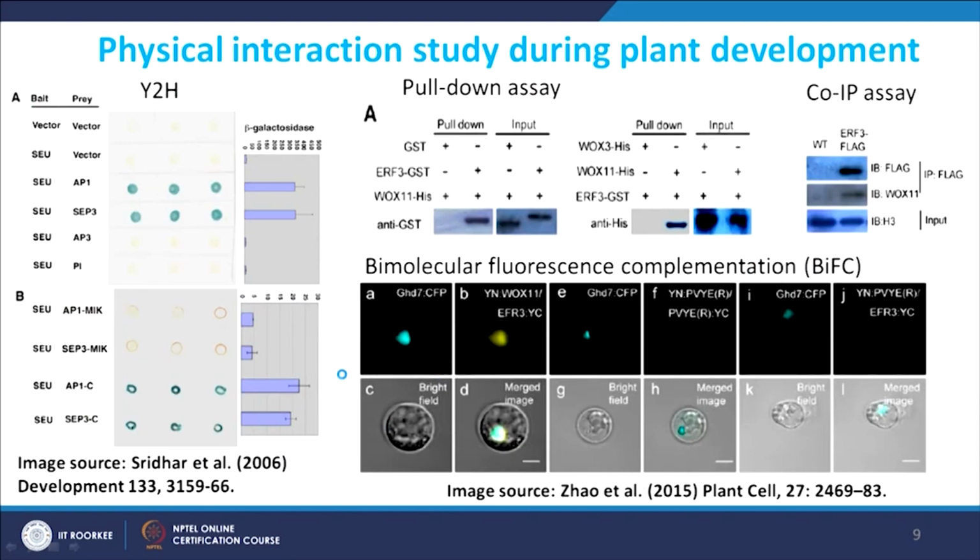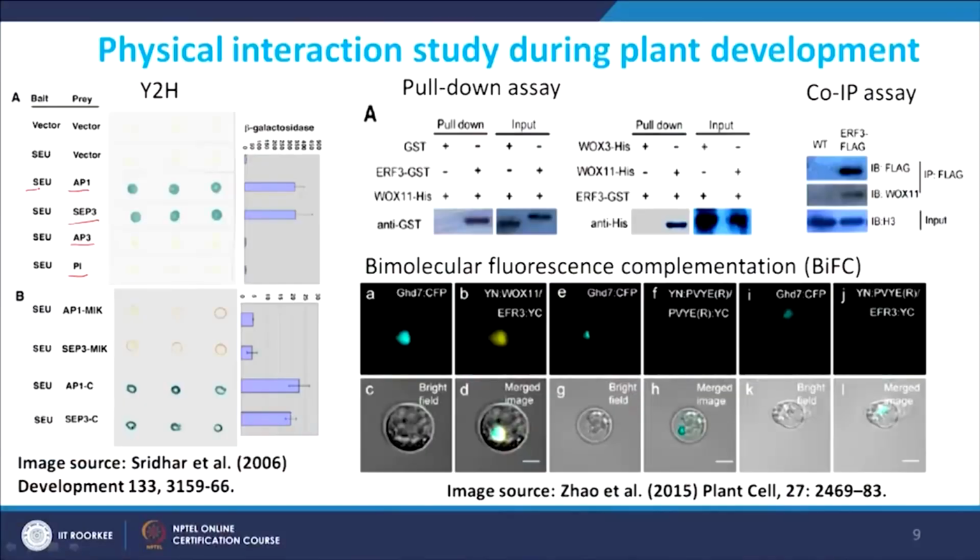So, here are a few examples of this protein-protein interaction. For example, if you look at AP1 and SEPALLATA3, AP3 and PI, you will study in the next class. They are very important genes which are regulating floral organ development in Arabidopsis.